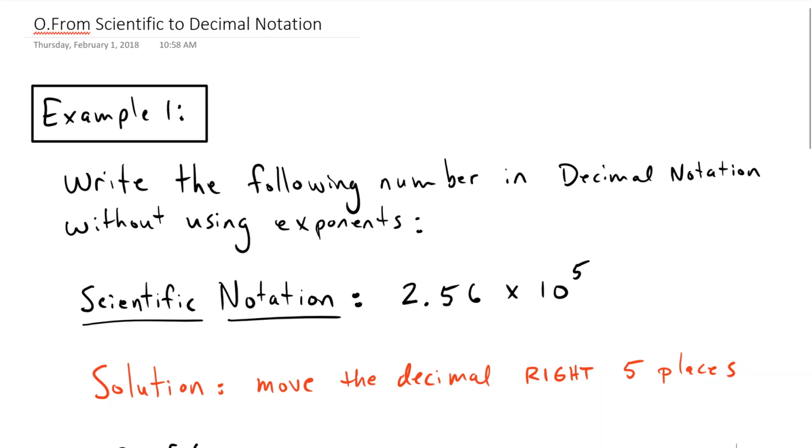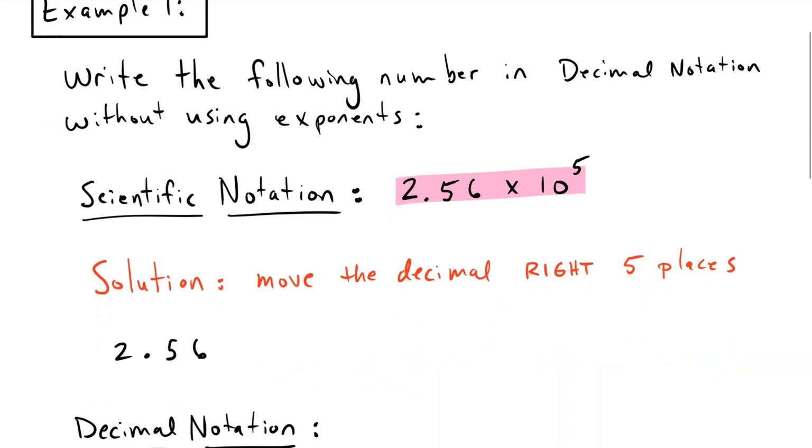So our problem then is to convert this right here from scientific to decimal. Our key is this exponent.